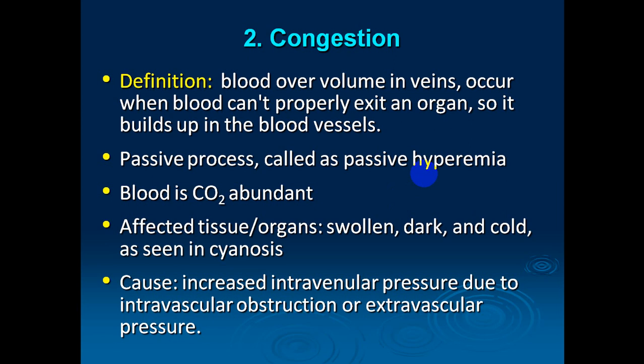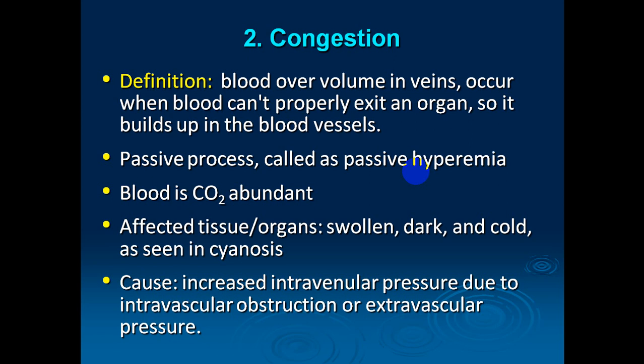The affected tissue, just like hyperemia, in case of congestion, will be swollen, but because there is abundant carbon dioxide, the color will be darker and also colder. Why? Because there are no active pressures that regulate the movement. Okay, there is no heat produced in the process.